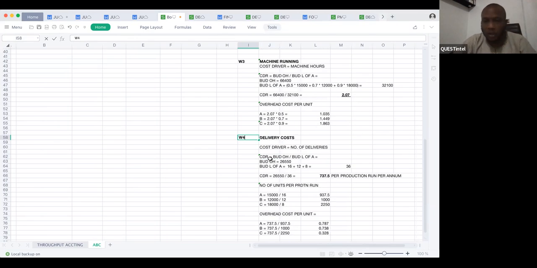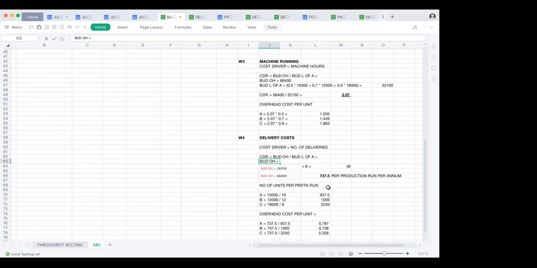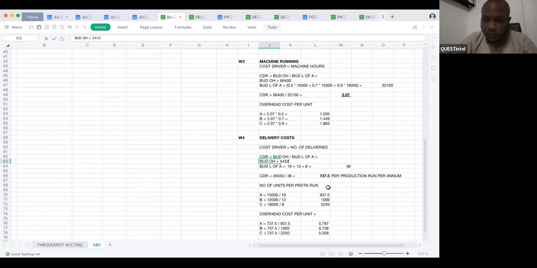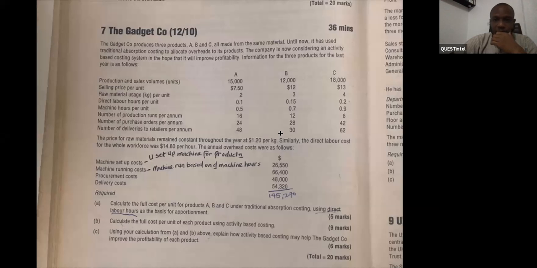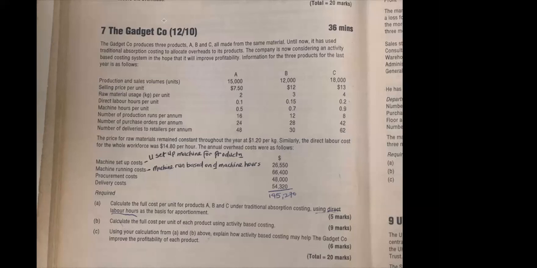All right, so our number of deliveries, so our budgeted overhead over budgeted level of activity. Now, what's our budget overhead for deliveries? 54,320. Yes. So we have that. Now, our budgeted level of activity for deliveries? So 48, 30, and 62.